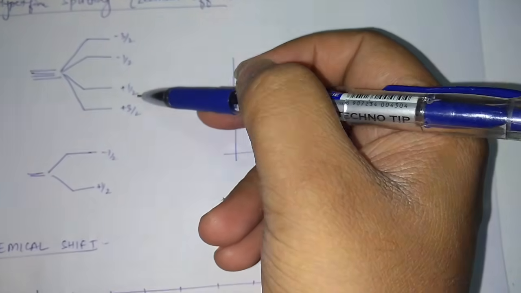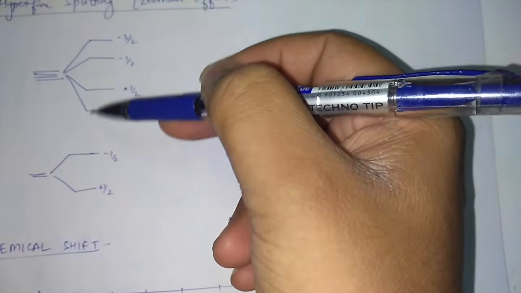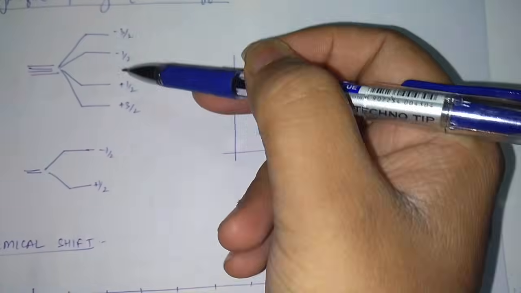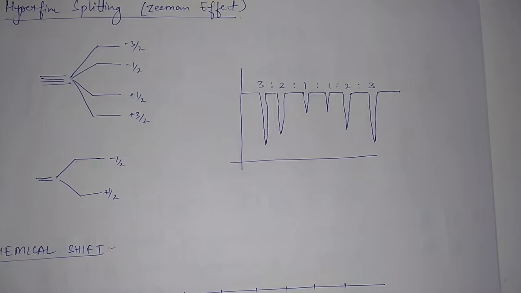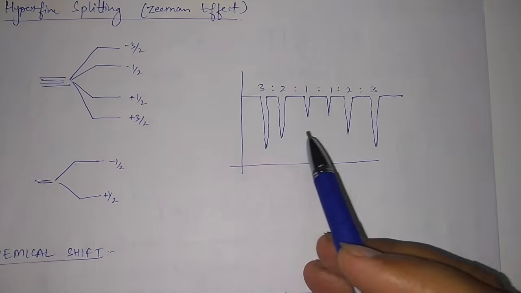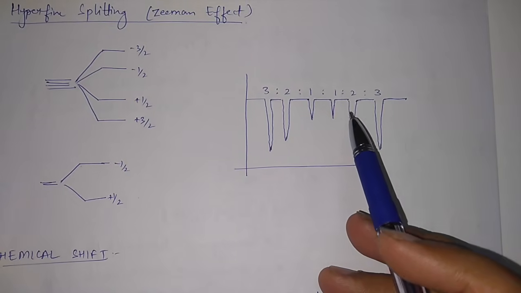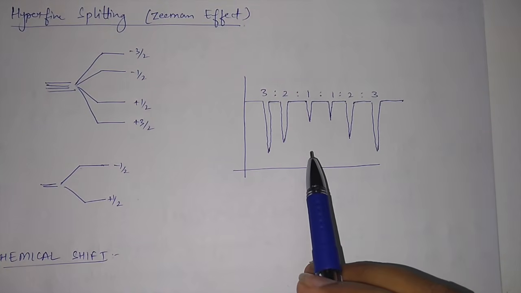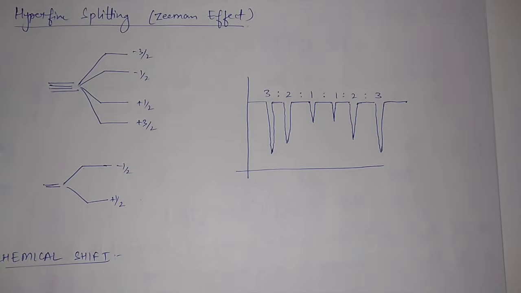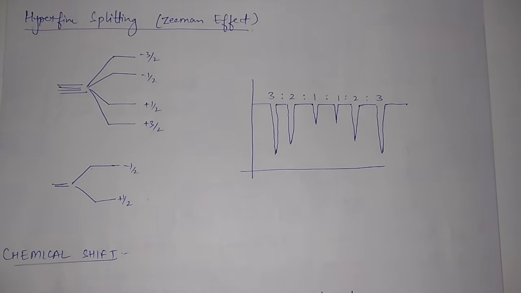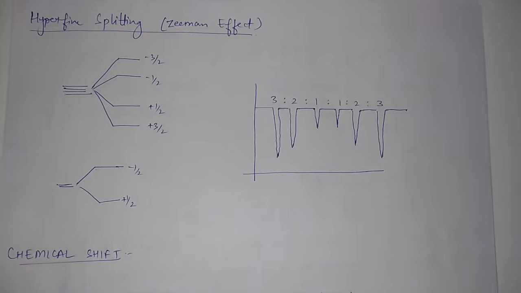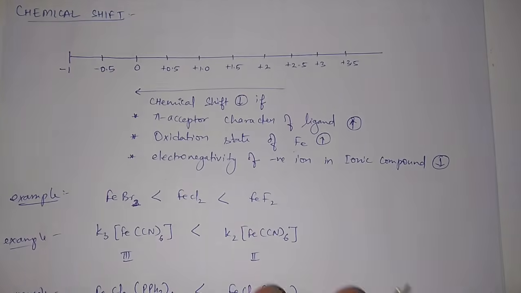So minus half to plus half, minus half to minus half, and minus half to minus 3 by 2. So a total of 6 transitions will take place, and in this way you will get 6 peaks of this intensity ratio. So this is called hyperfine splitting or your Zeeman effect. I'll talk about a few formulae also later. First of all, I'll just explain all the concepts and all the important points.